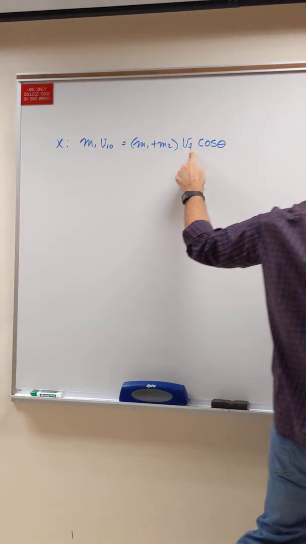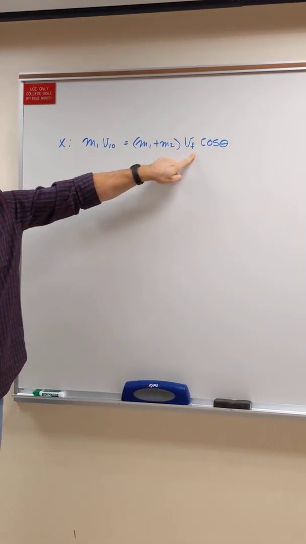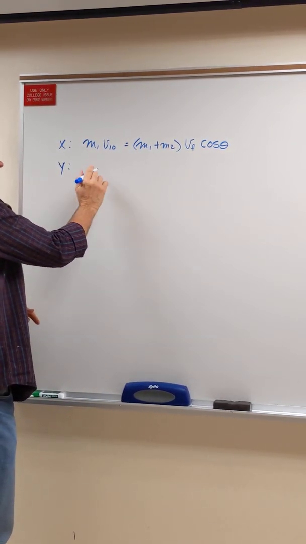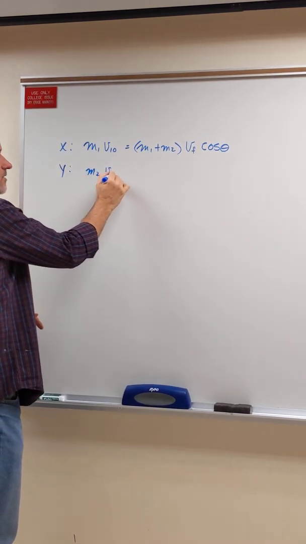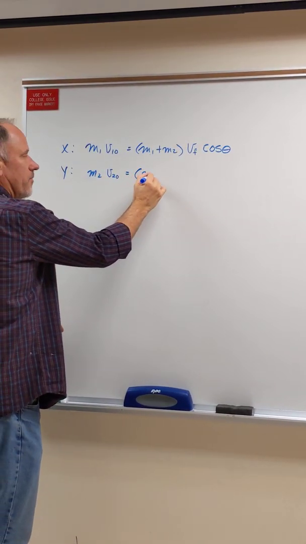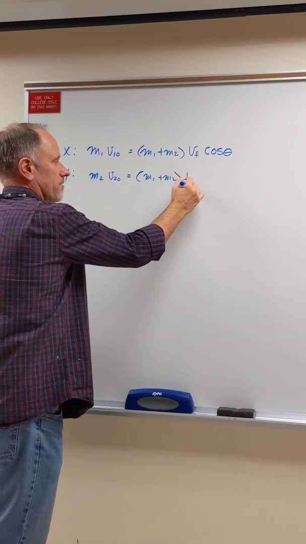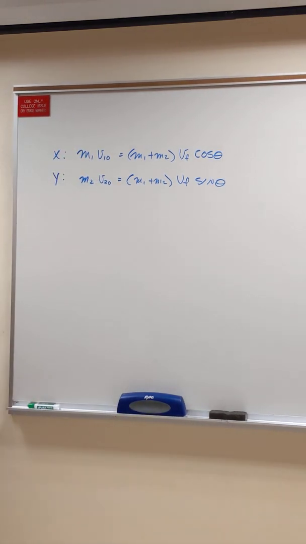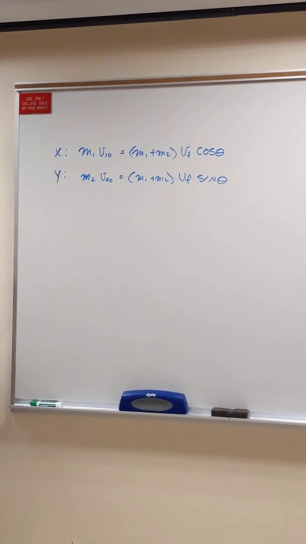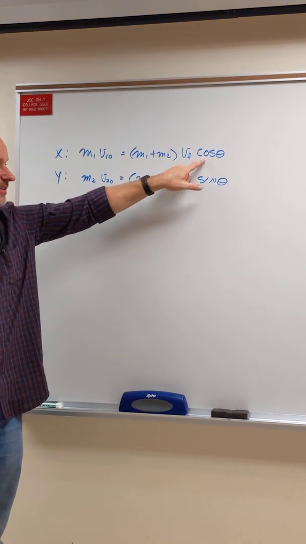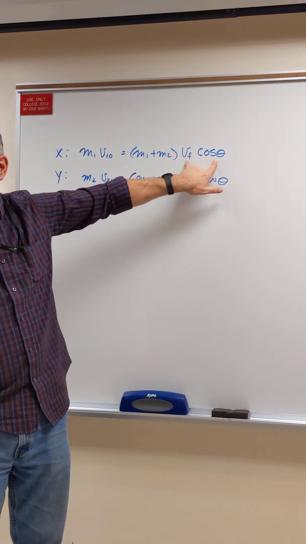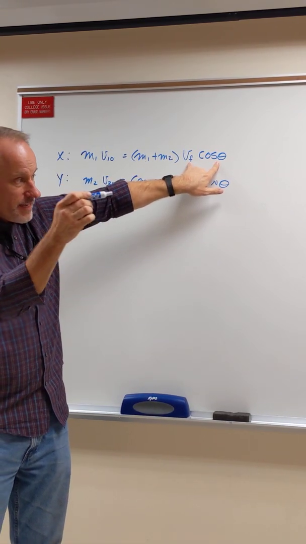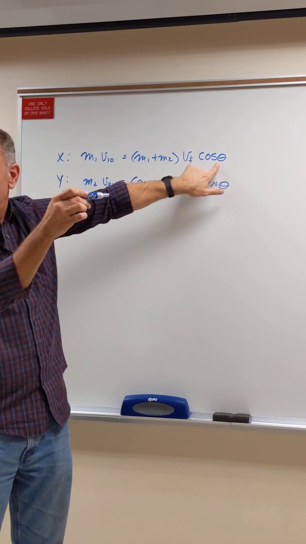I'm going to need to multiply by cosine. And then in the y dimension, I've got m2 v2 original equals v final sine theta. Notice I'm taking the hypotenuse times some trig function. This represents VFX. This represents VFY. You see how I did that?